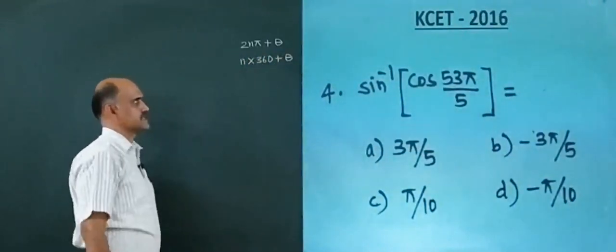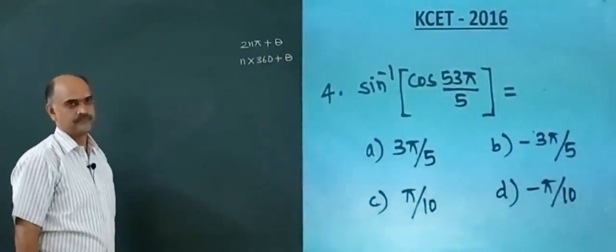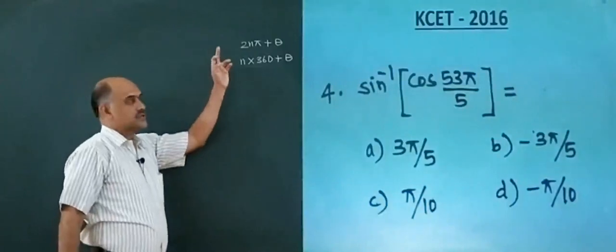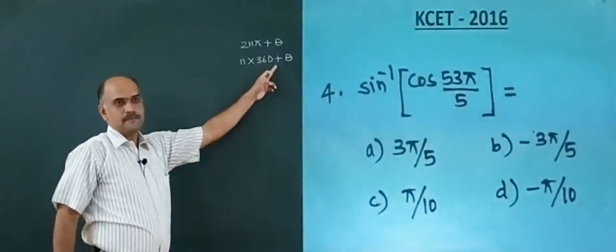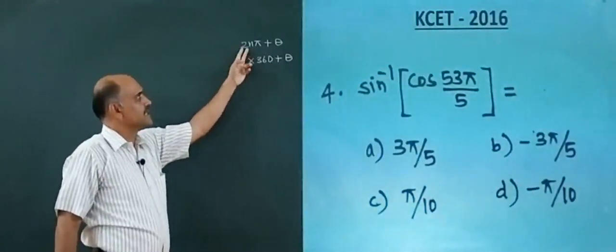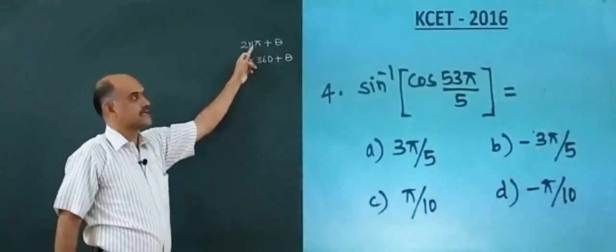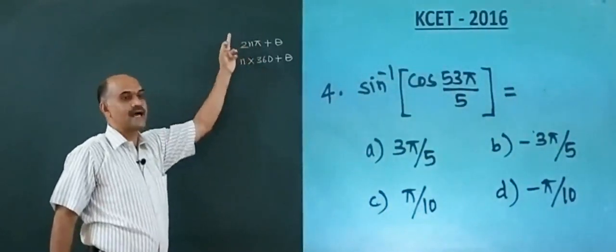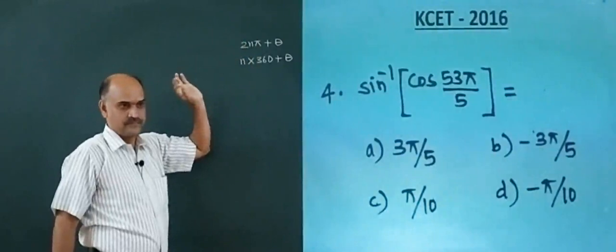Here it should always be plus. Second, in radians, the multiple of pi should always be an even number.